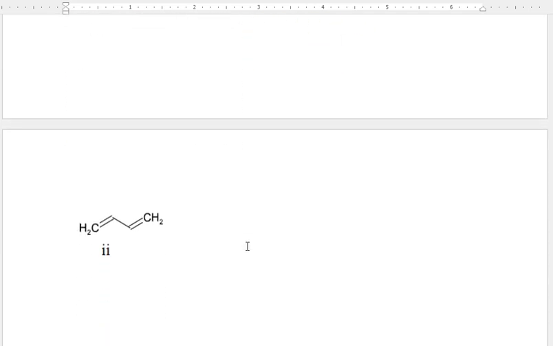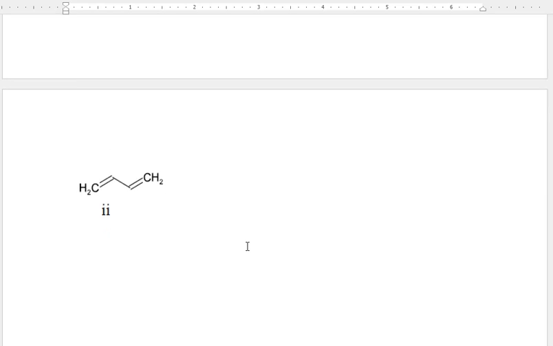So let's look at the next one. Just by the presence of the double bond, you automatically know that this is an alkene. If you can see here, a double bond is bonding to this one. So this is not a branch. It's not a substituent, but it is a carbon in the main chain. So here we have this carbon.